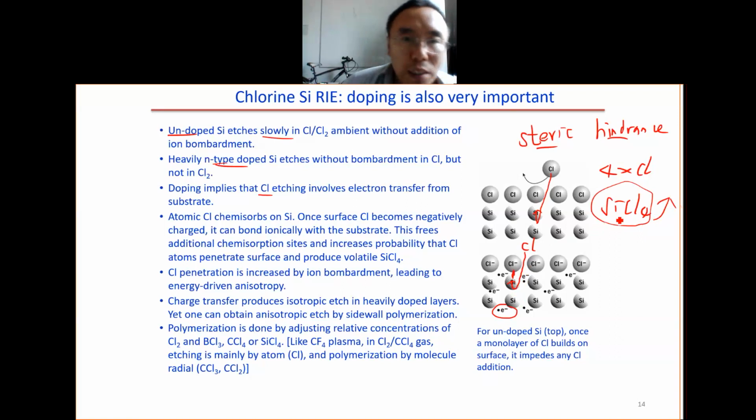This is why we need heavy doping, or we need ion bombardment, to have a good etching rate. When we have ion bombardment, the chlorine penetration below the top surface is increased by the ion bombardment. This gives you the energy-driven anisotropy.